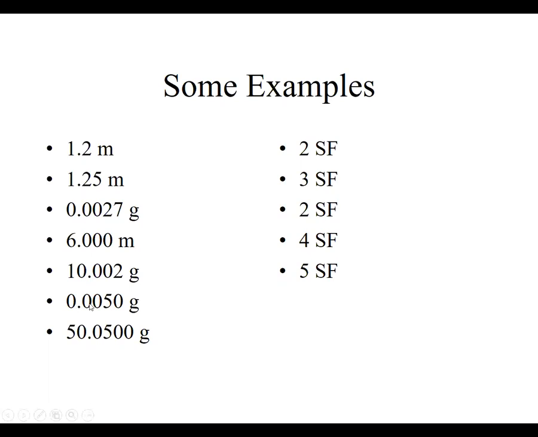Again, they count as zeros at the beginning of a number. No zero can be significant until you have encountered your first non-zero digit. So the 5 is significant and the 0 following it is significant, making the number have two significant figures.